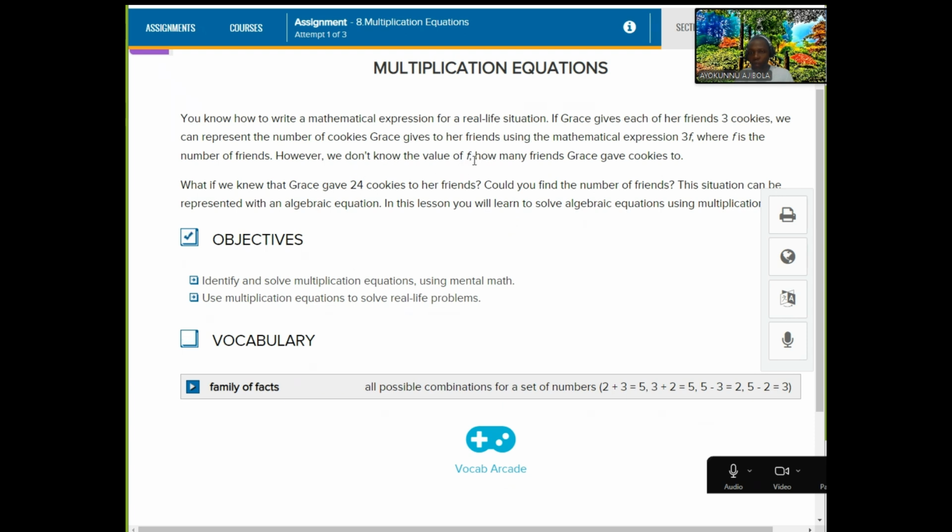However, we don't know the value of f, which is how many friends Grace gave cookies to. If there are three, then she has given out nine cookies because three to each person. And if there are 10, she has given out 30 cookies.